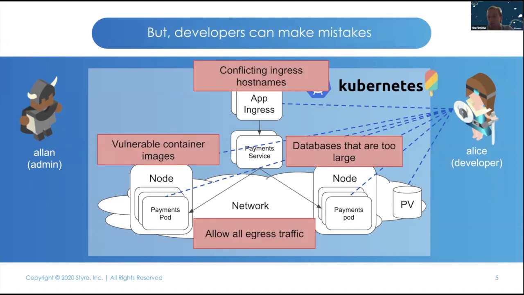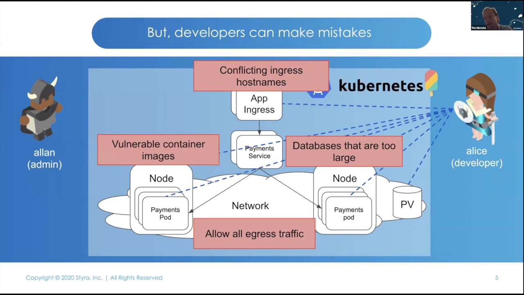The observation, and really the starting point for the rest of this talk, is that developers can make mistakes. When developers tell Kubernetes to go ahead and run a pod or a deployment or any sort of compute instance, they could accidentally tell it to use images that have vulnerabilities or that didn't come from a trusted registry.